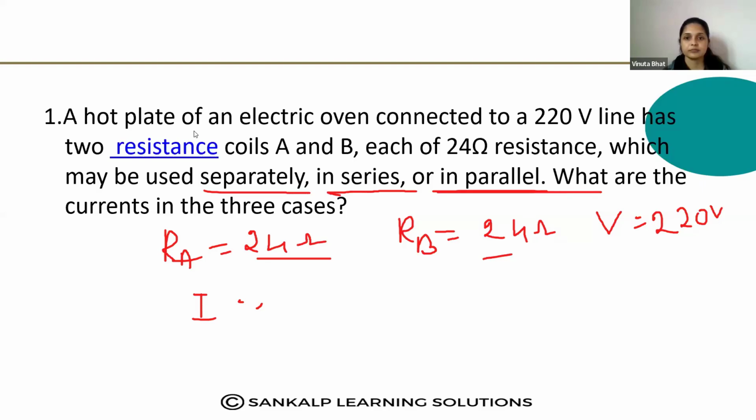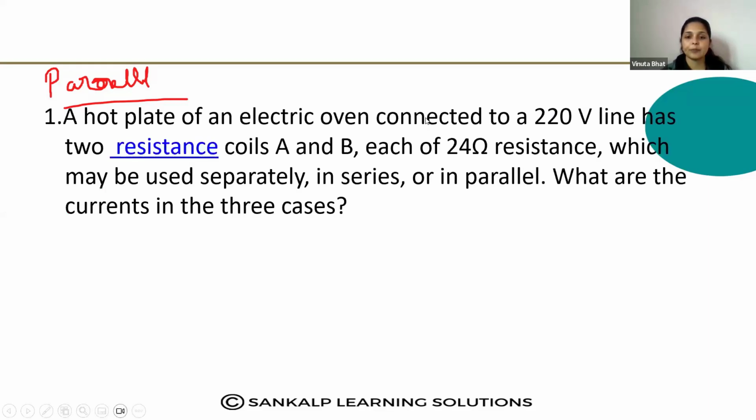Here, in the first case, when they are connected in parallel, you have to use the formula 1 by Rp is equal to 1 by R1 plus 1 by R2.